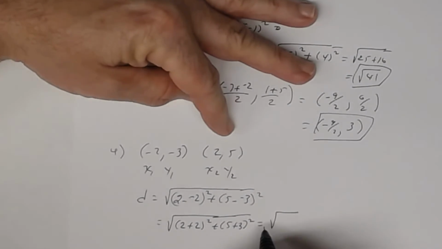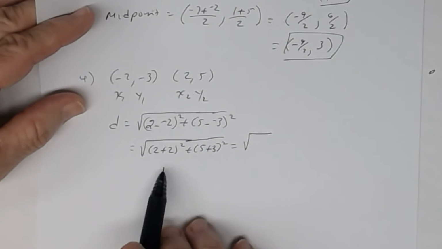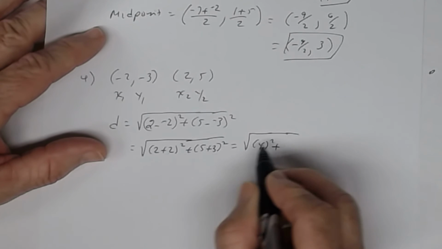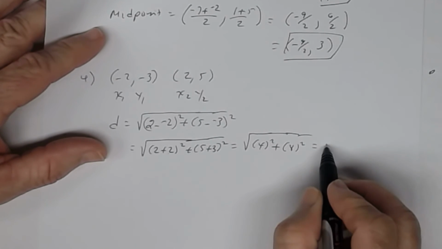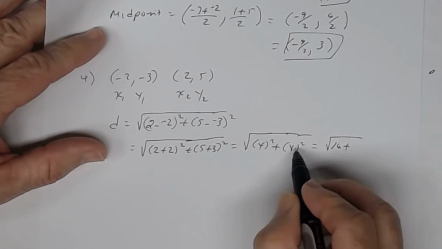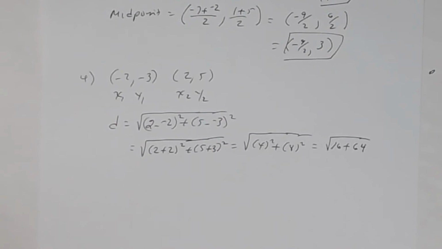Okay, now simplifying those parentheses further, 2 plus 2 is 4, so I get the square root of 4 squared, plus 5 plus 3 is 8, so I get 8 squared. 4 squared is 16. 8 squared is 64, right? And so 16 plus 64 will give you, what's that? That's going to be 80. So I get the square root of 80.